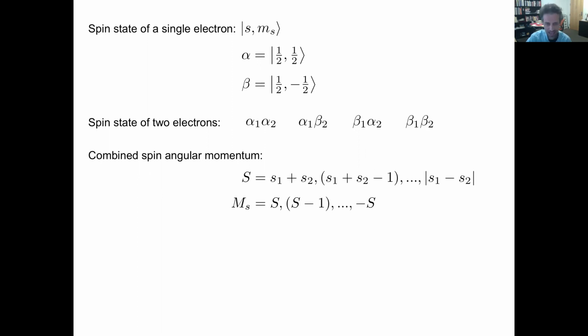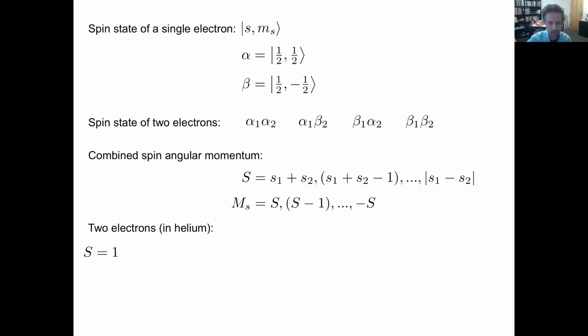Now each capital S has projections as always, indicated by capital MS. For each S, there are projections that run from S to minus S in integer steps. That is true for all angular momenta, and of course also for combined angular momenta, as we have seen last time. So let's investigate this for our two electron system, the two electrons in helium.